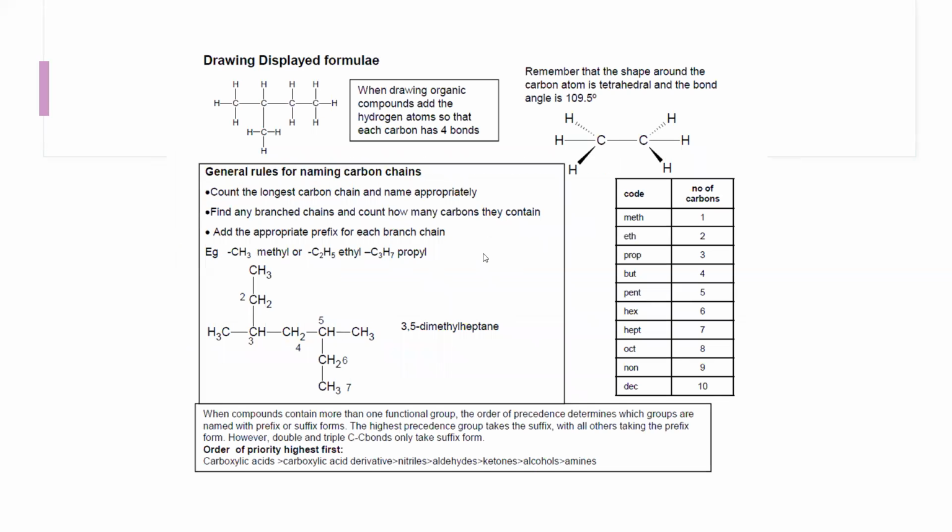Now, naming these compounds, this is just a revision of what you took in AS, how to name the compound. If we are naming branched hydrocarbons, what is the rule? The rule is to select the longest carbon chain. In this example, this structure is given, and say you don't know the name of this structure.